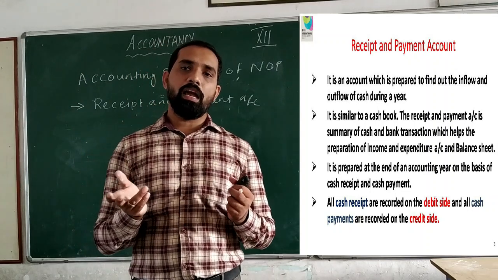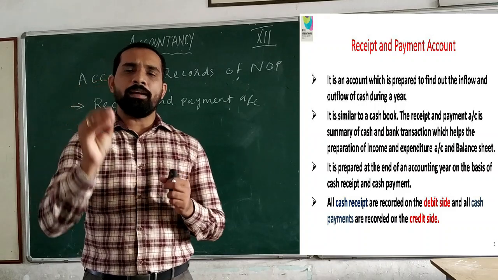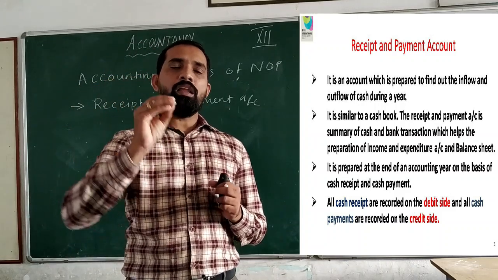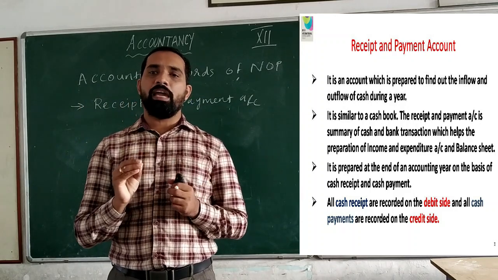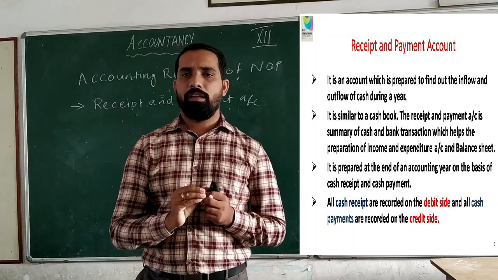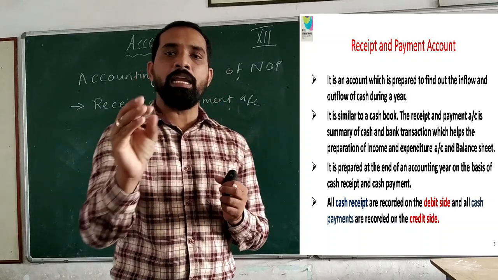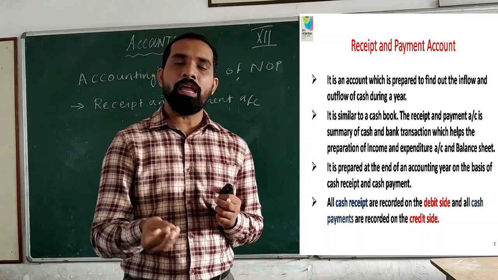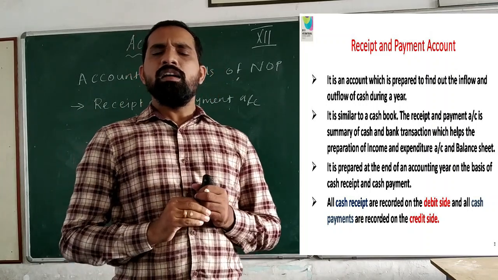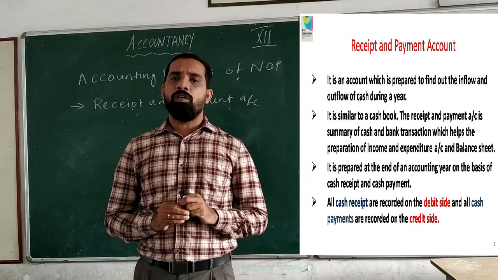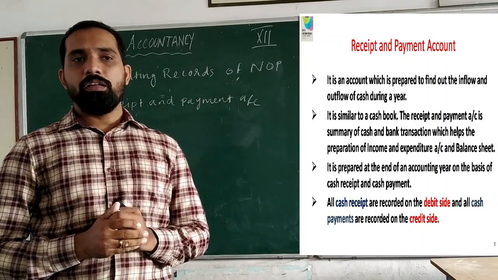What do you mean by receipts and payments account? It is an account which is prepared to find out the inflow and outflow of cash during a year. What do you mean by inflow? Inflow means the earnings. And outflow means expenses. Receipts and payments account is similar to a cash book.